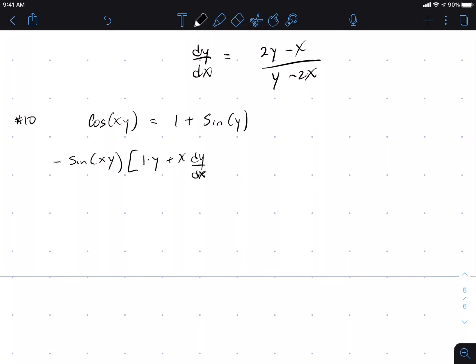And the dy dx is because it's the derivative of the y, and we don't know what that is. Equals, now we're going to the other side, the derivative of the 1 is 0. Plus, now we're doing the derivative of the sine, and the derivative of sine is cosine of y. But then we need to do the inside piece of that, which is the derivative of y, which gives us dy dx.